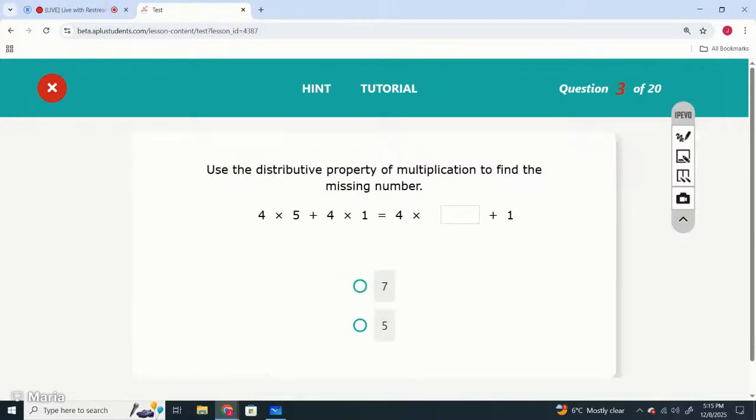Use the distributive property of multiplication to find the missing number. 4 times 5 plus 4 times 1 equals 4 times the missing number plus 1. So which number is missing?